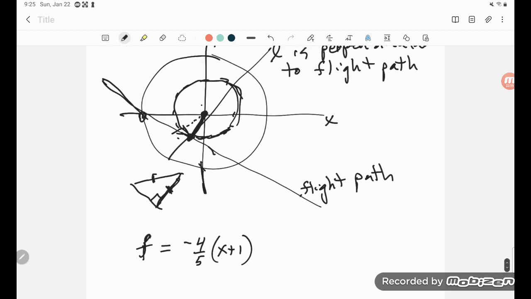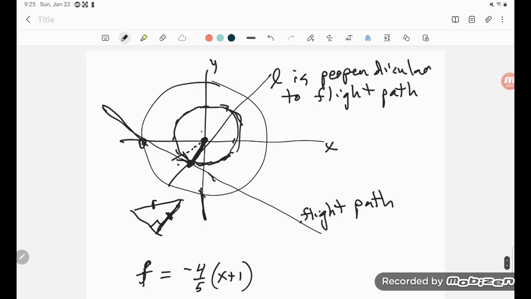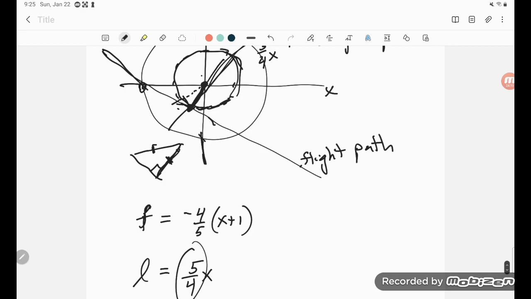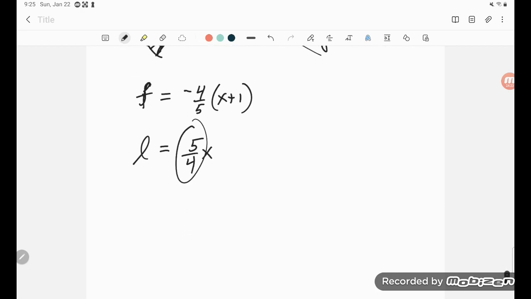And so that means our line L would have to have a slope of 5/4 and a y-intercept of 0. And so my line L here is 5/4 x. So I used the perpendicular slope here, and then used the fact that I knew I was drawing it through the origin to get a y-intercept of 0.